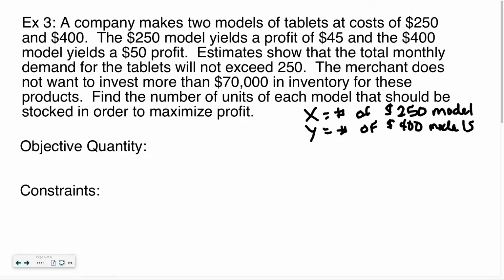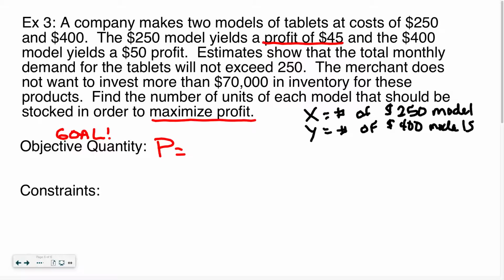Let's start by writing the objective quantity. So this one is new. Remember, the objective quantity is your goal. What's your goal in the end of this? You, the business owner. Maximize your profit. So my objective quantity, I'm going to say my profit equals, and then I'll go searching for, what do I know about profits on X, $250 models?